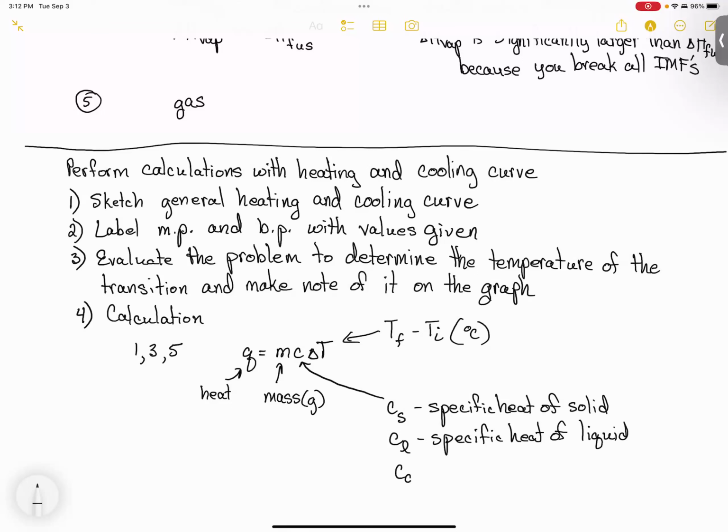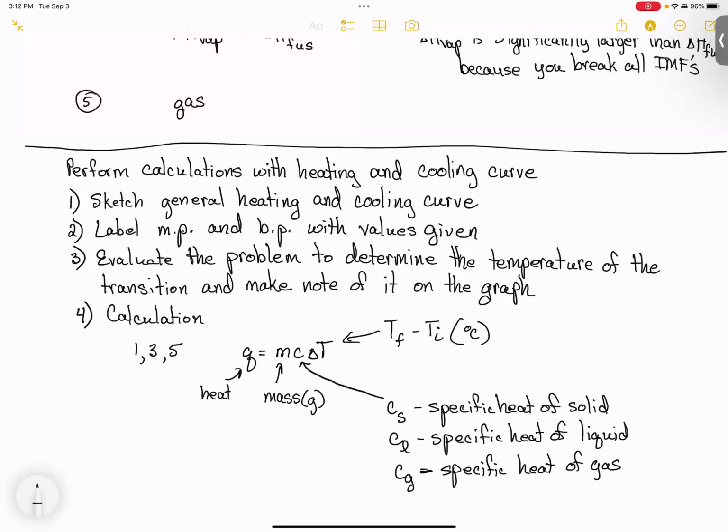And you'll have C subscript G for the specific heat of the gas. Now, this may be a little bit different because, at least in the laboratory for College Chem 1, when we had Q equals mcΔT, we used the specific heat of the liquid because that was what we were working with, the specific heat of water in liquid form.